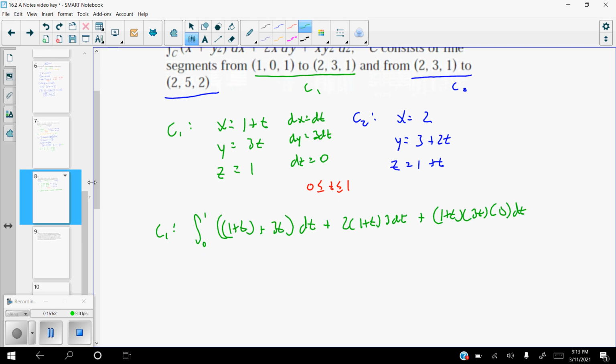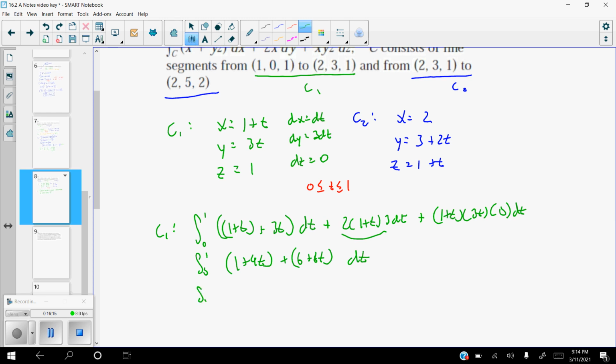Let's combine some terms here. This is going to be 1 plus 4t, dt. I'll pull the dt out to the right again. This one right here, I'm going to distribute the 6 through, so we get 6 plus 6t, all of that dt.